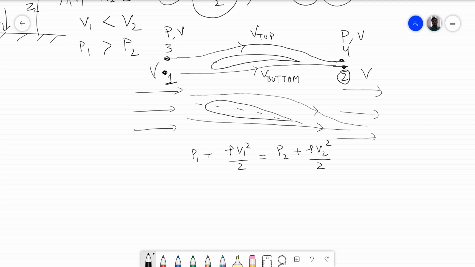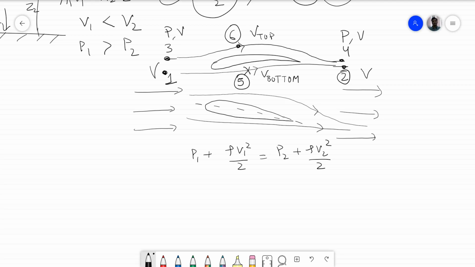Now let us talk about a point here. Let's call it point number 5, and a point here, point number 6. Let us write the Bernoulli's equation between point 1, 5 and 3, 6, which is same as applying Bernoulli's equation between point 5 and 6.